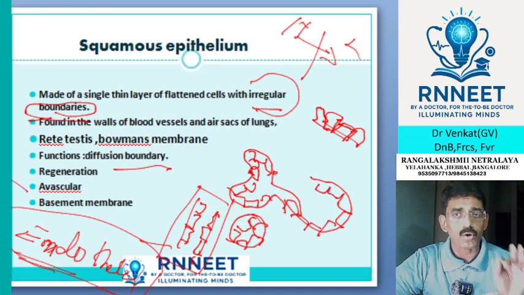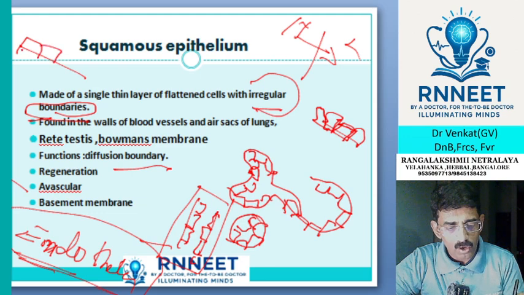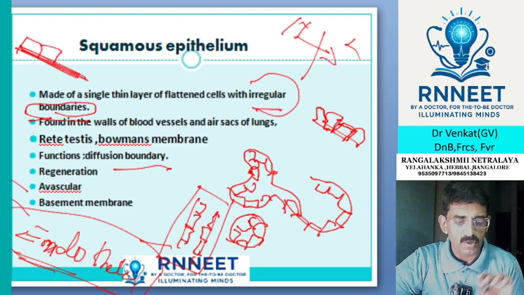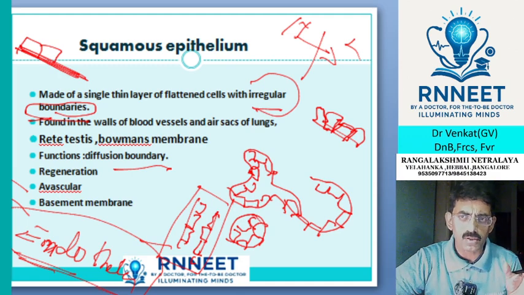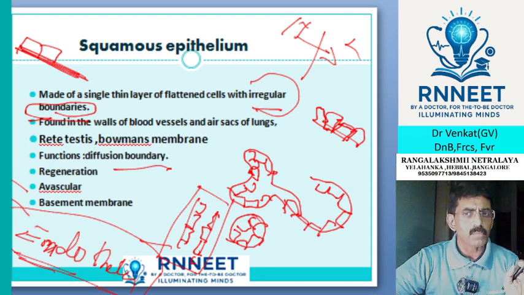Another important feature is that there is a basement membrane. The cells have to remain there, sticking on a sheet of membrane, and that membrane is the basement membrane. So you got the whole idea of how to remember these things? Simple. Simple layer, single layer, simple squamous.